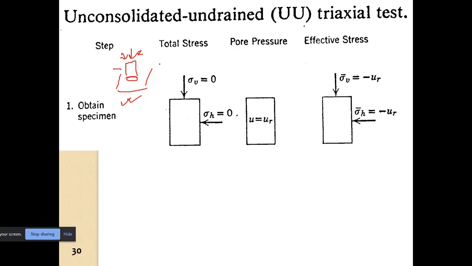Horizontal stress, vertical stress, it is nothing, only atmospheric pressure is there, which we actually consider as the axis. So we can consider that sigma v and sigma h on the sample are basically now 0. This is the stage when we place the sample on the pedestal, as we have seen in the previous slides.